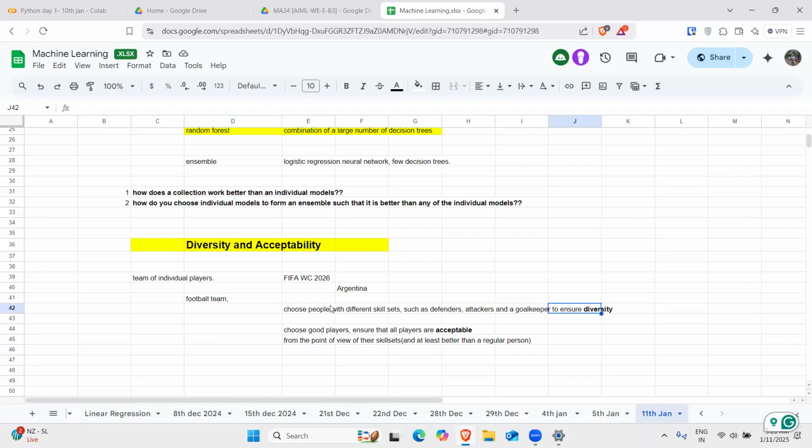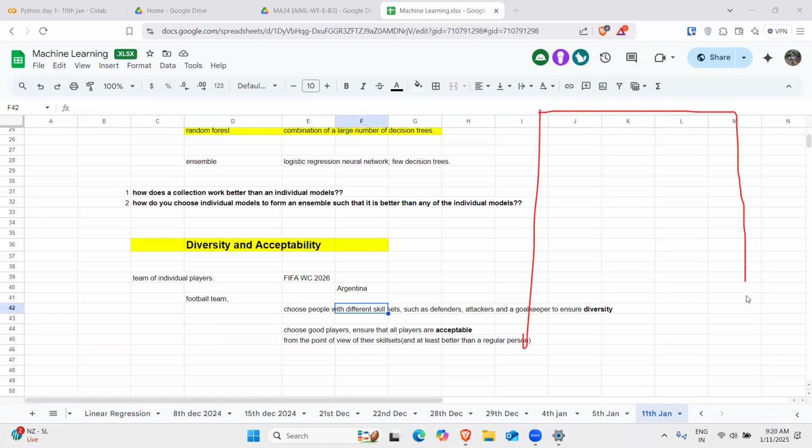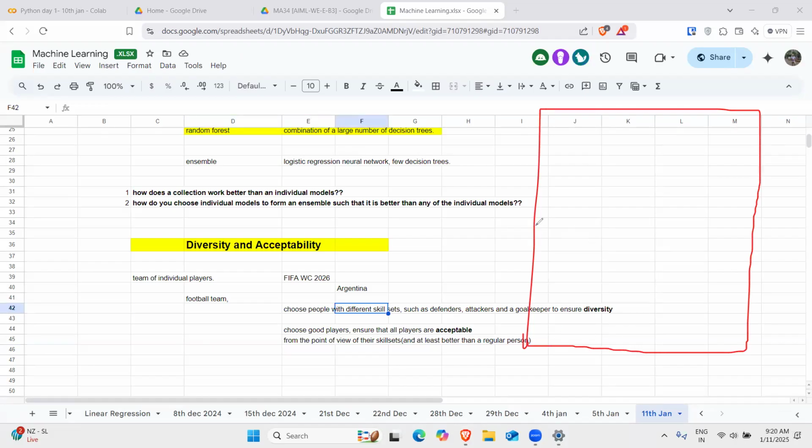What is diversity? Why are we choosing different people with different skill sets, guys? Because let's say this is your football field, and this is the D and this is the net.